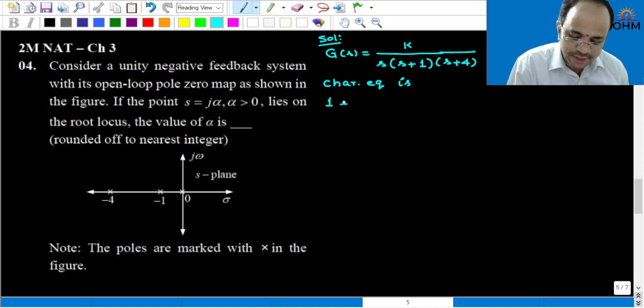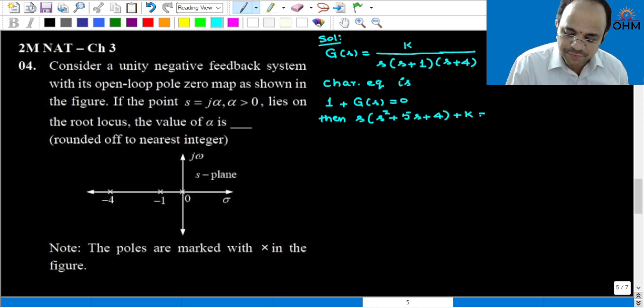Characteristic equation is 1 plus G of s is equal to 0, then it will be s into s square plus 5s plus 4, plus k is equal to 0, or s cube plus 5s square plus 4s plus k is equal to 0.